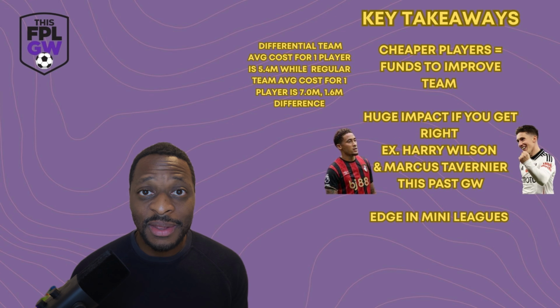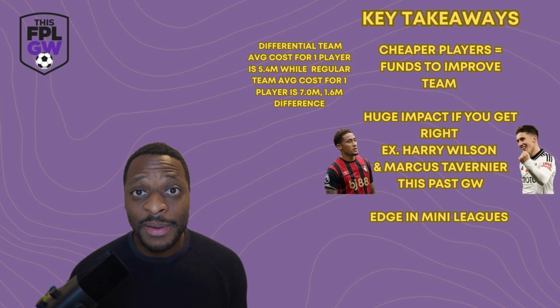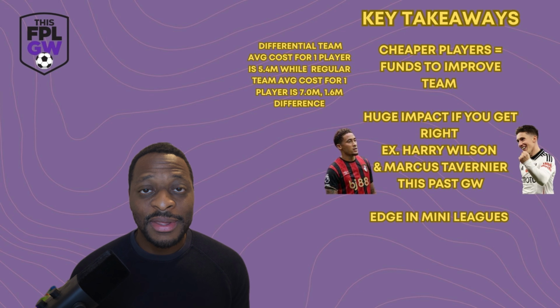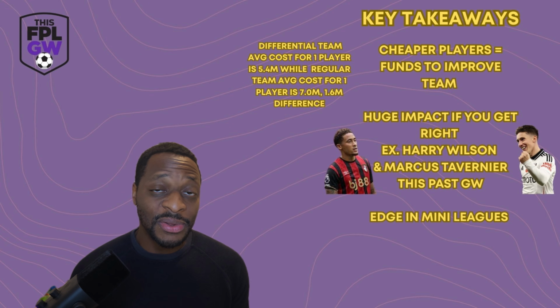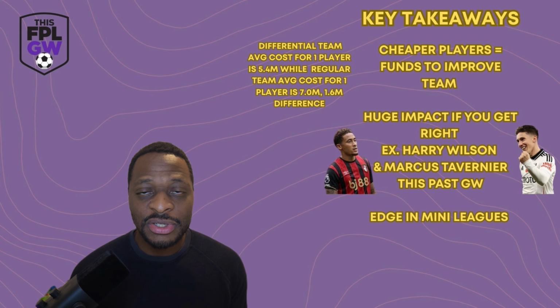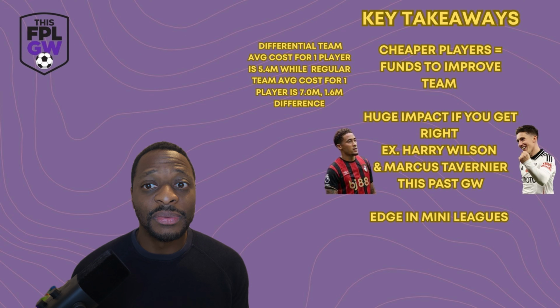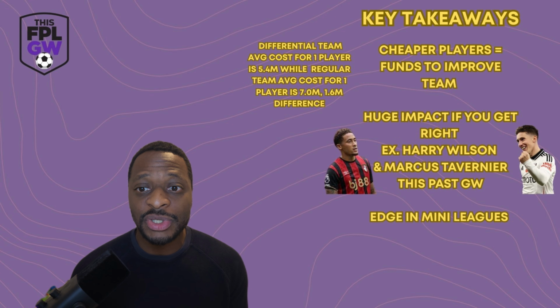That's extra funds that can maybe get you a higher premium in the game, make your midfielder go up to get a better midfielder that could give you more points, who's more of a star player or a regular player, or you can spread the funds around to make your team stronger, to maybe improve the bench, because you'll need a bench, sometimes a player won't play or they're hurt or injured. So that's the huge advantage. Cheaper players giving you more money to move around to potentially bolster and help your squad.